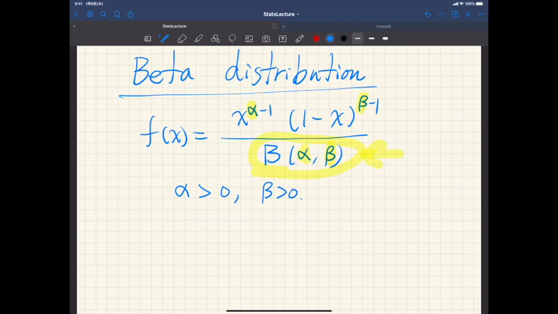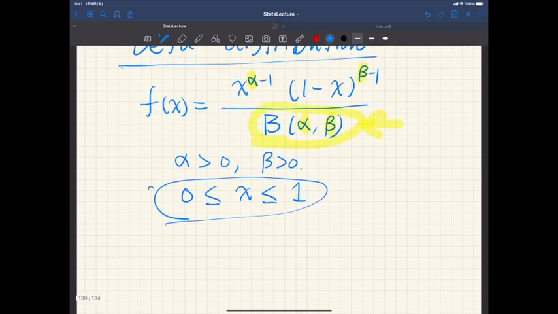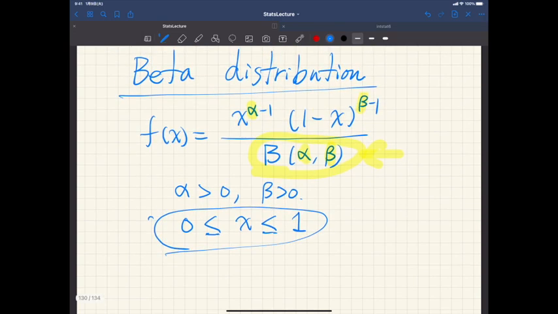That means I have to say x varies between 0 and 1, maybe we can include the equal sign here, and alpha and beta are parameters that are positive.